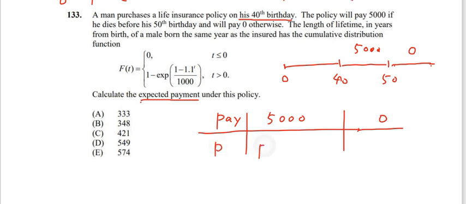This probability is for this man's life to be less than 50, under the condition that t is already larger than 40.